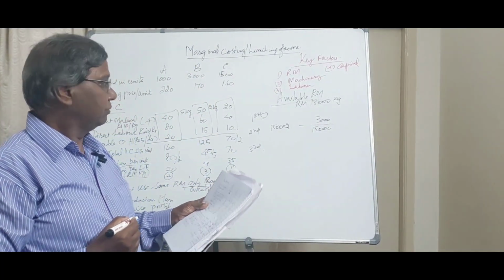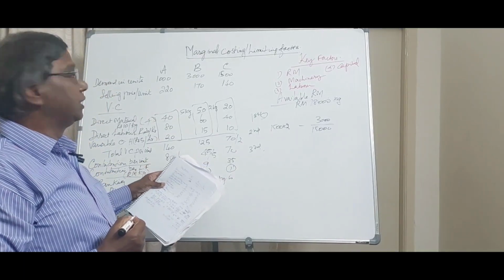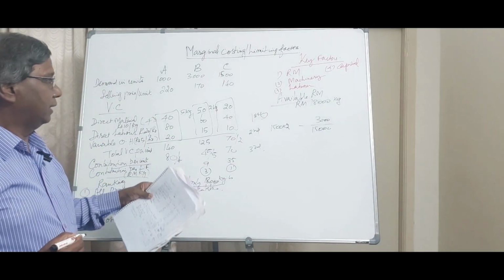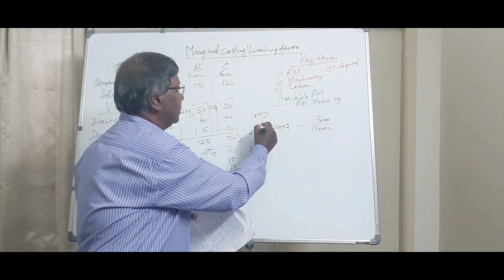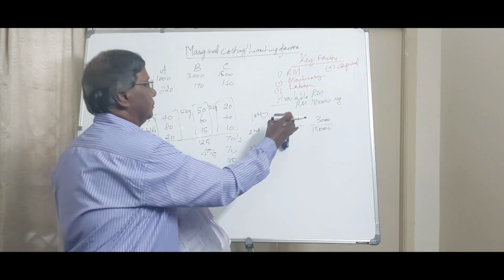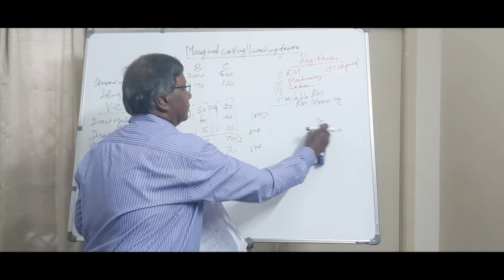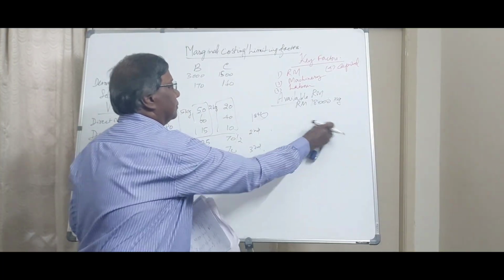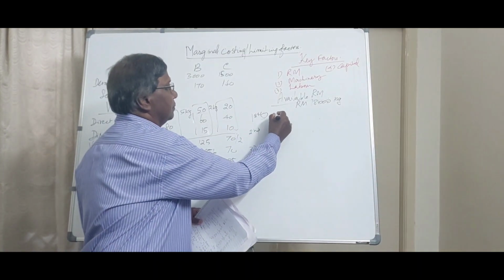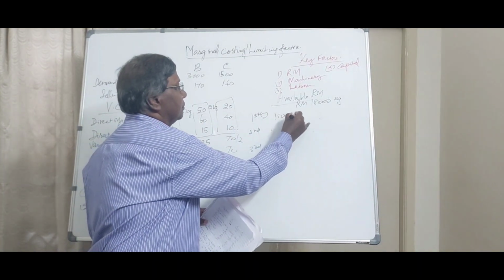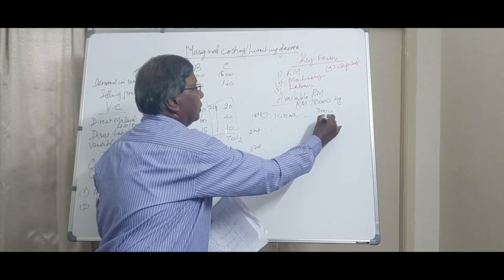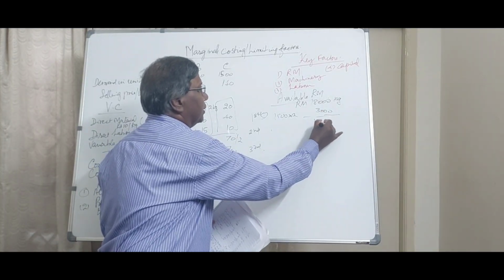Now the next ranking, which gives the maximum contribution per limiting factor, is A. So 3000 gone, what is left out is 15,000.